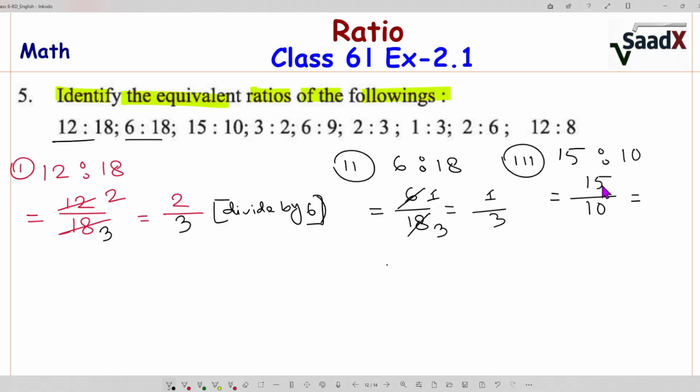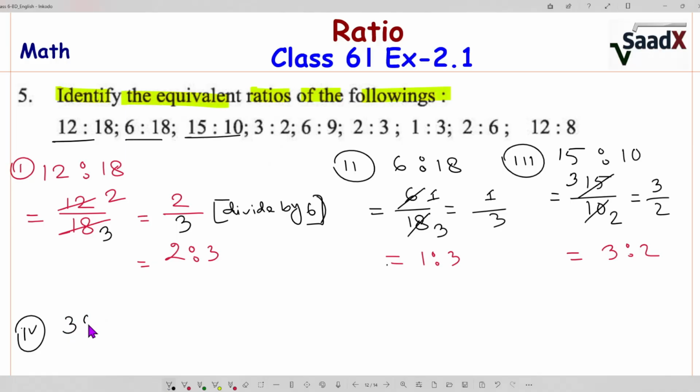We can divide this by 5, so here 3 and here 2, it means 3 by 2, right? So this one becomes 2 is to 3, this one becomes 1 is to 3, and this one becomes 3 is to 2, right?